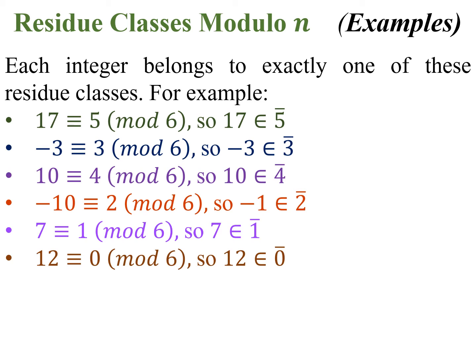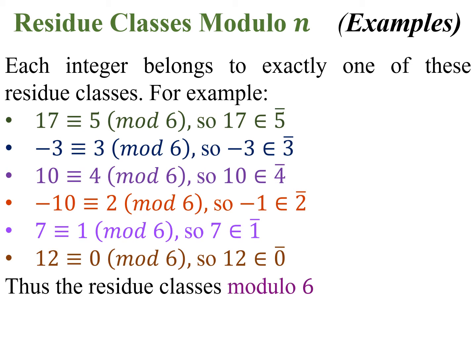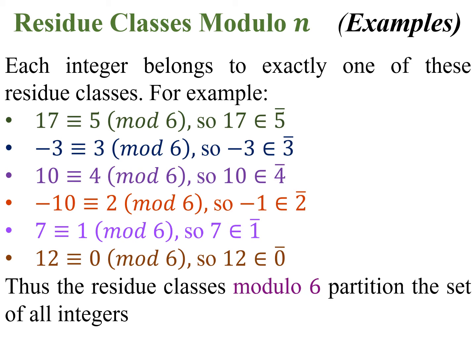All this is with respect to modulo 6. Thus the residue classes modulo 6 are partitioning the set of all integers. The residue classes modulo 6 mean class of 0, class of 1, class of 2, class of 3, class of 4 and class of 5. They partition the set of all integers into disjoint sets.